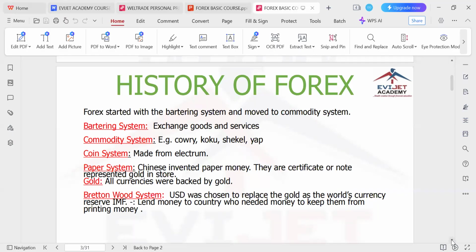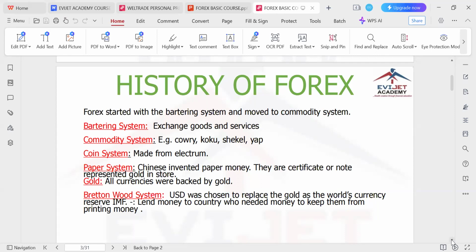Then the coin system, you know the coin. We used to have coins here, even in Nigeria, but our money is too big now, so coins are no longer traded. The coin system was made from electrum. Then the paper system, invented by the Chinese. We call it a certificate or note represented in the gold store.